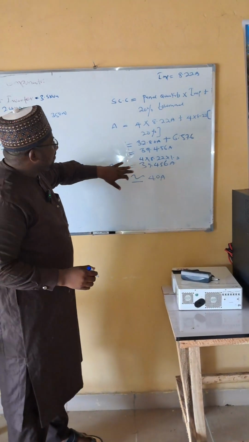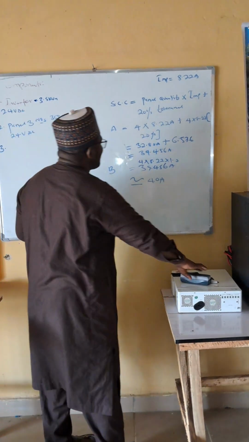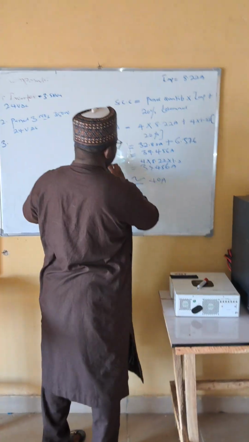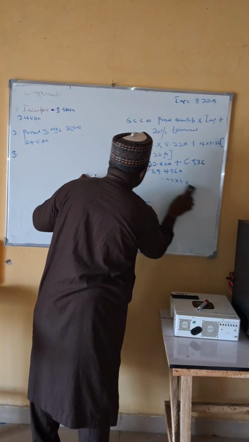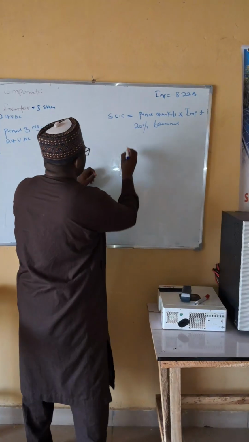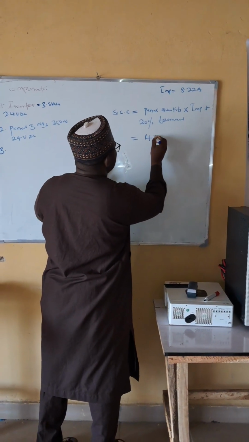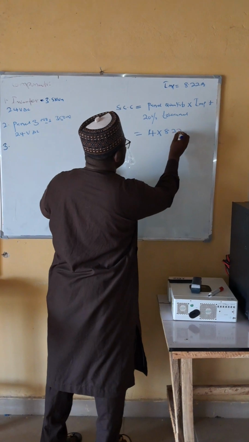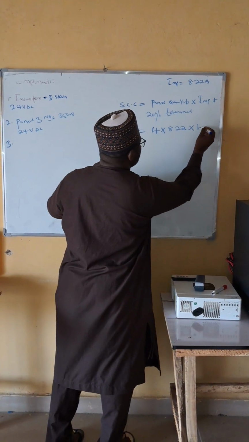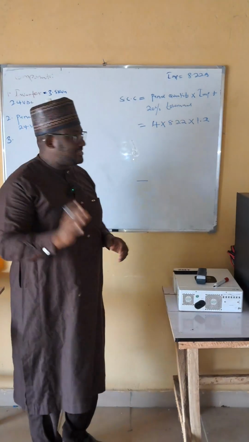It's the same. So to get your charge controller, I prefer taking the shortcut this way: 4 times 8.22 times 1.2, where this 1.2 represents 20%.